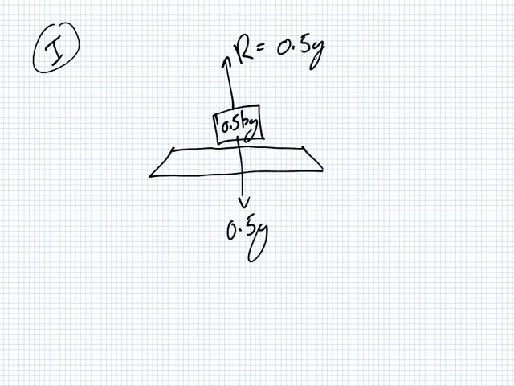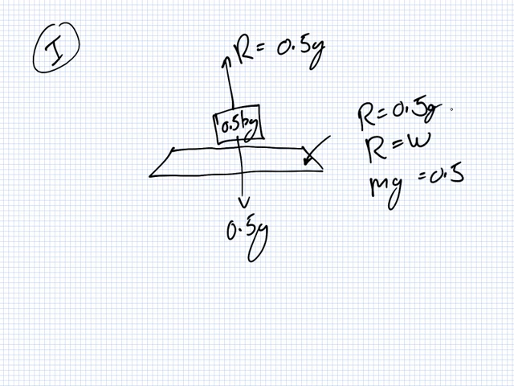So the weighing scale can see that the reaction is 0.5 g, and it knows that the reaction will equal the weight, so it knows that mg equals 0.5 as our g. So it can then get the m is 0.5 by cancelling the g's. So that's fine. Then we get a problem if it starts to move.